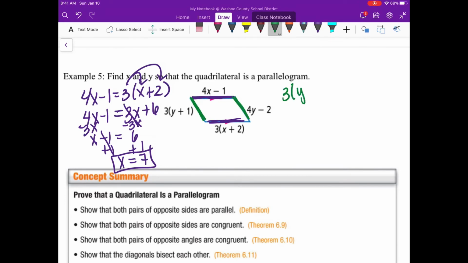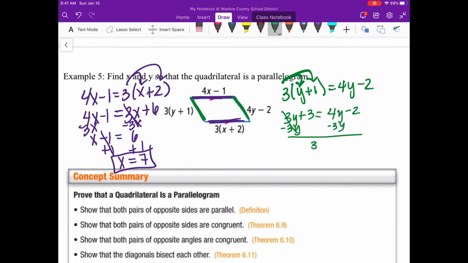Okay, and then I'm going to do the same thing to solve for y. I'm going to take these two sides and set them equal to each other. 3 times y plus 1 equals 4y minus 2. Again, the parentheses means distributive property, which gives you 3y plus 3 equal to 4y minus 2.